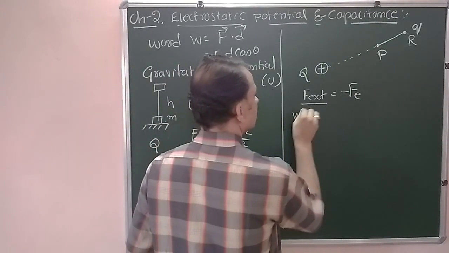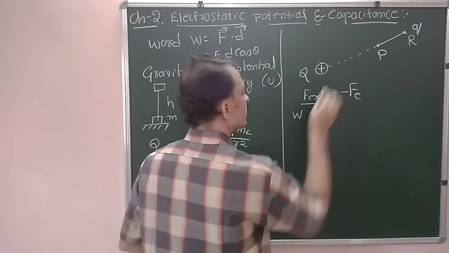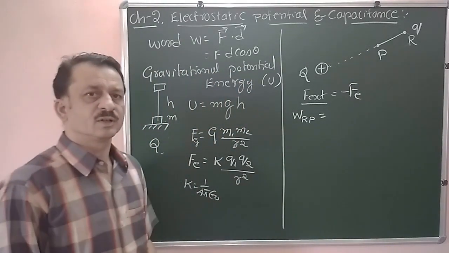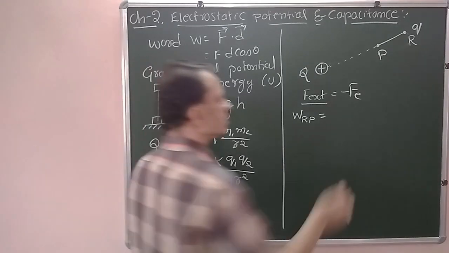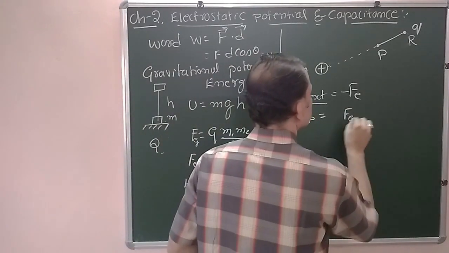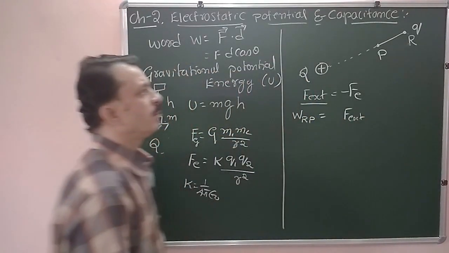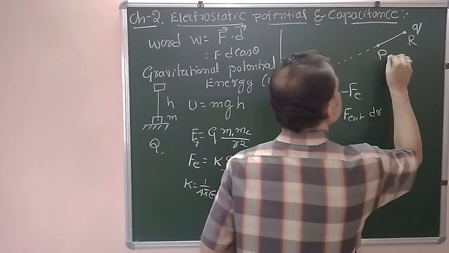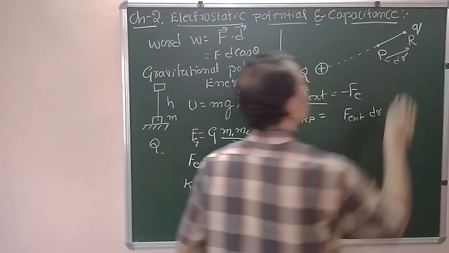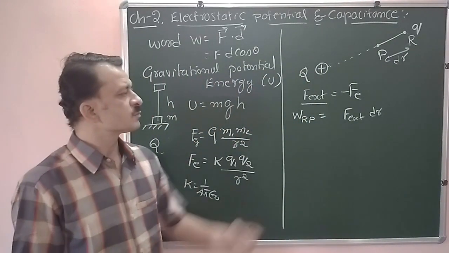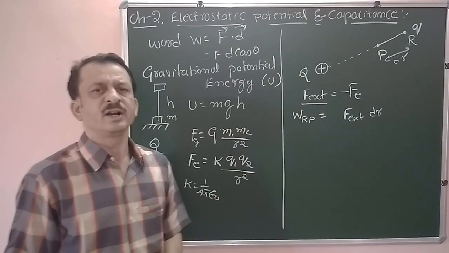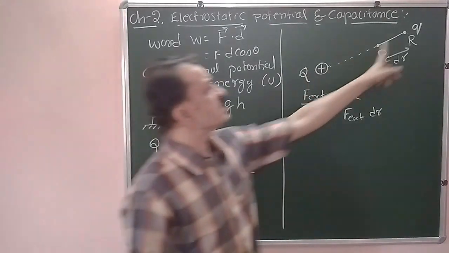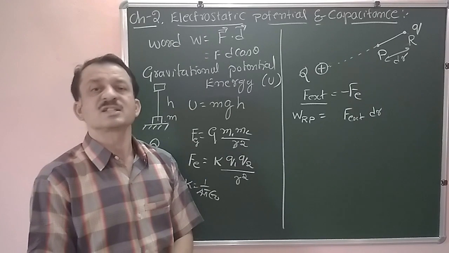Therefore, what is the work done? Work done in moving the charge from R point to the P point is equal to, we obviously know, force external multiplied by the distance. If I take that small distance as dr, we are moving through a small distance dr. F external into dr. But here, this force is not a constant one.